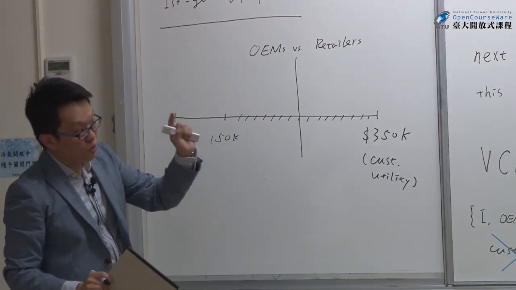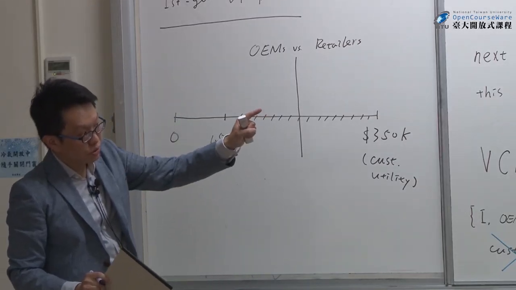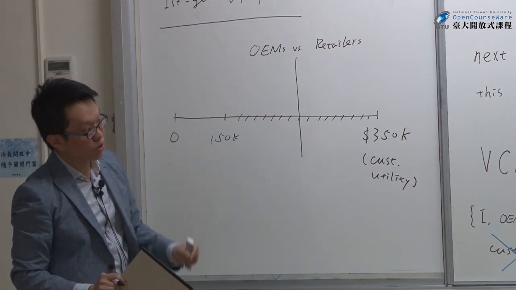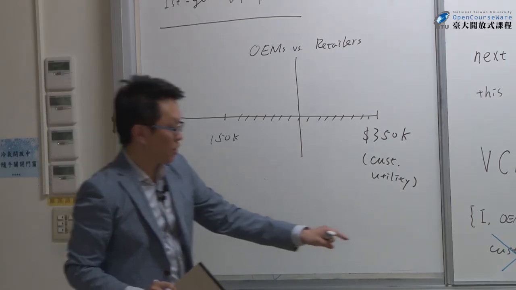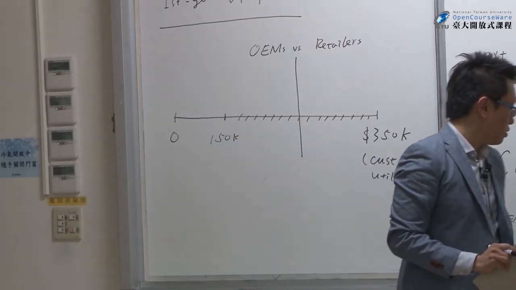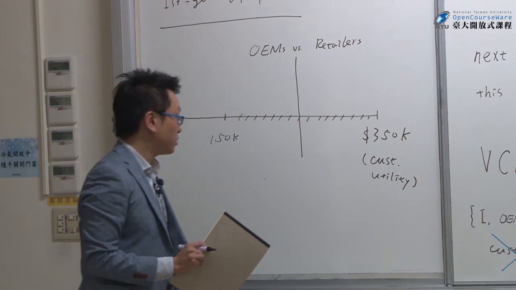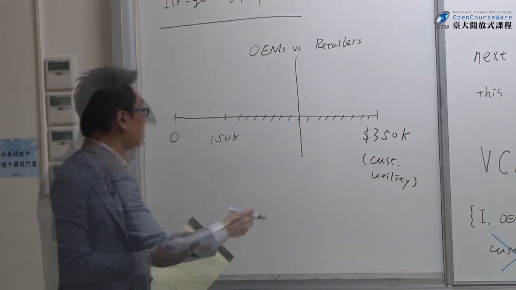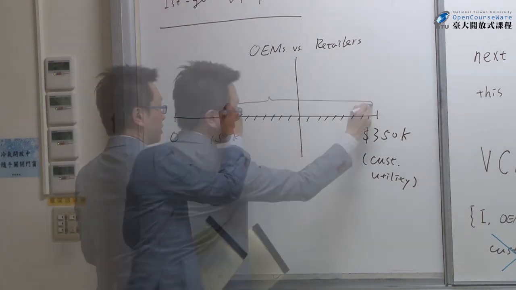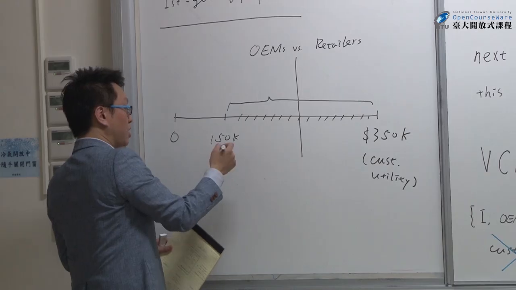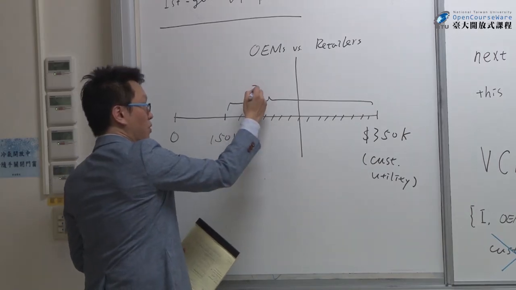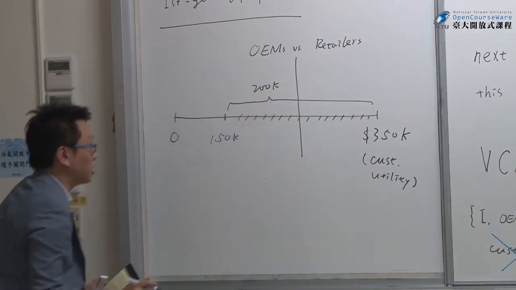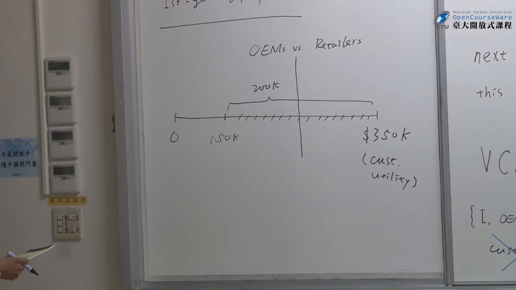The reason is we think we have a lot of customers, and they do not have bargaining power. So the retailer will be able to charge $350K for customer utility. In this case, in total, we generate a value of $350K minus $150K. So we have $200K to be appropriated between OEMs and retailers.